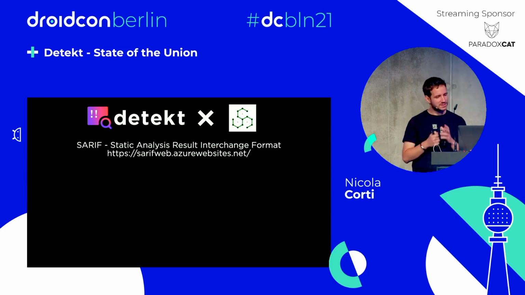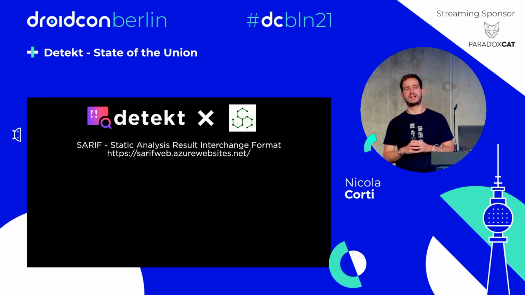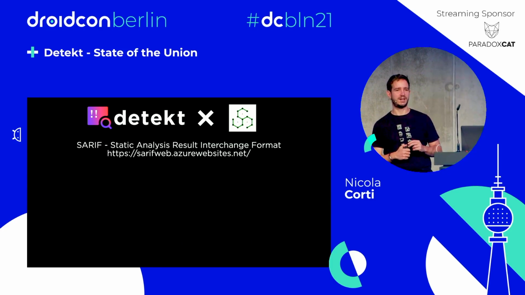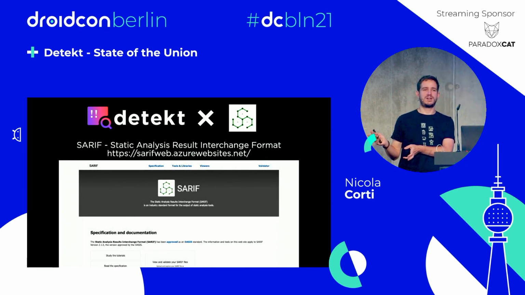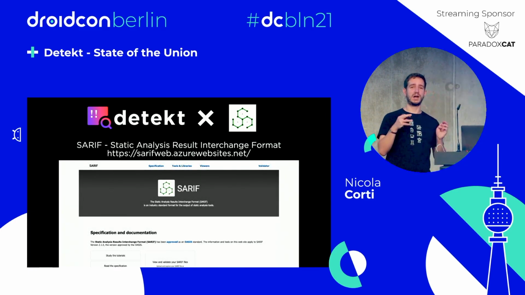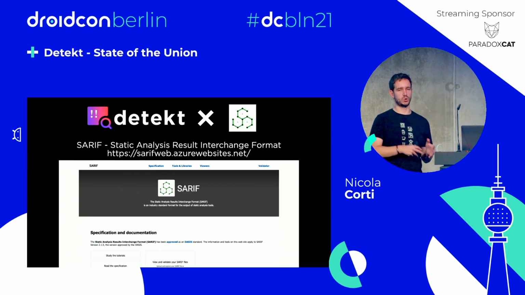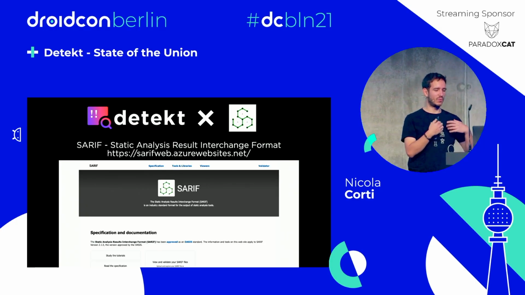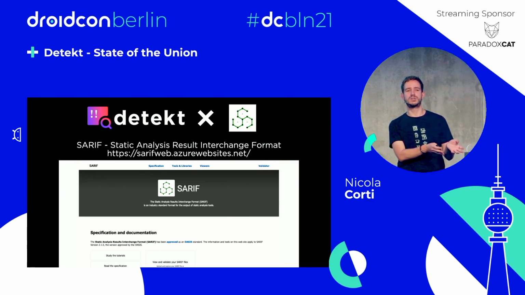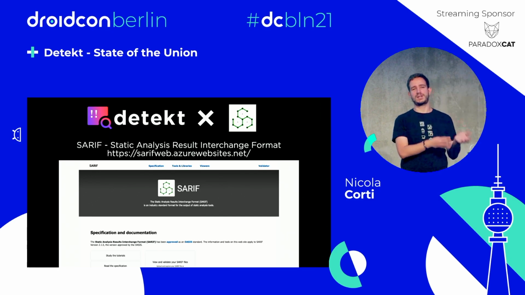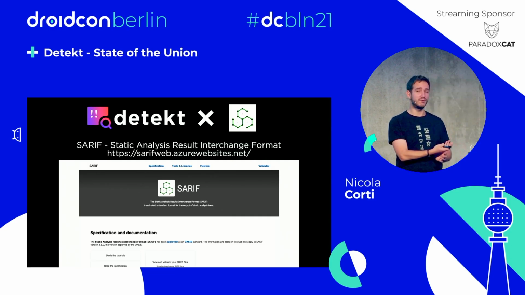It's basically like a default format for static analyzers. You can find the website over there, and there is a specification on how static analyzers should output their findings. Before this, you could just get an HTML report, or an XML report, or a TXT report. So we added this new format.